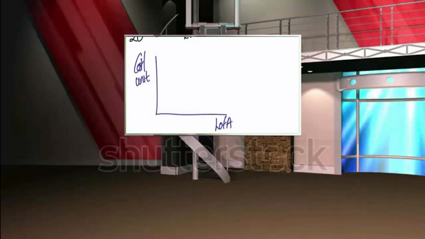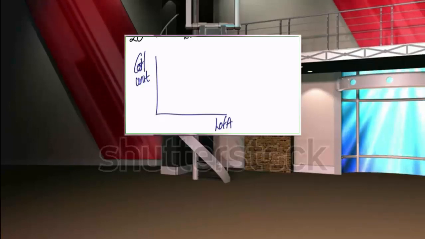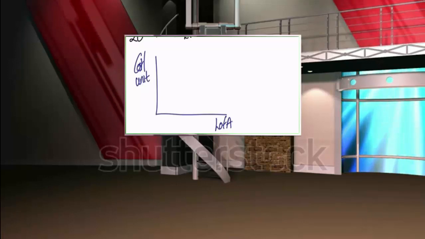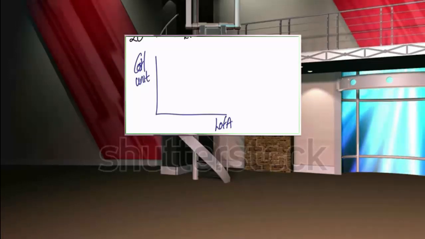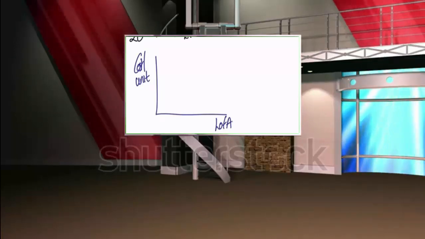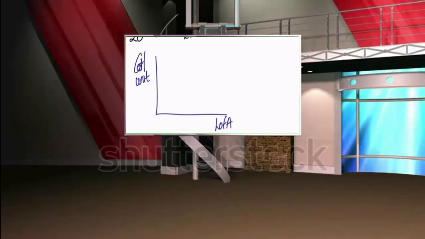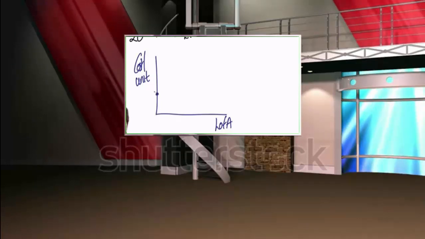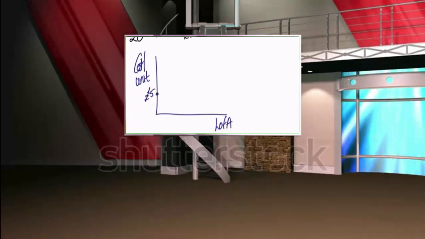What will the variable cost per unit be when our level of activity is 0? Well, it might be tempting to say 0, but actually when our level of activity is 0, our variable cost per unit, so the amount we would spend if we produced an additional unit, will still be £5.